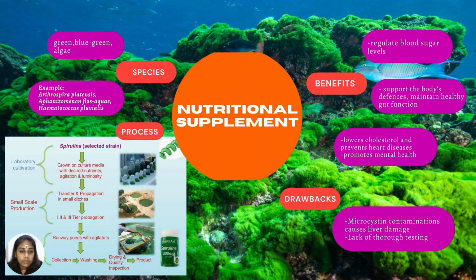And then it will be cultivated for commercial purposes in raceway ponds with agitators. It will be collected, washed, and dried. Once the quality inspection is done, the product will be ready. So this is one example of how spirulina nutritional supplement is produced.